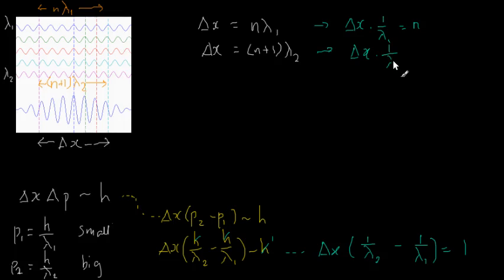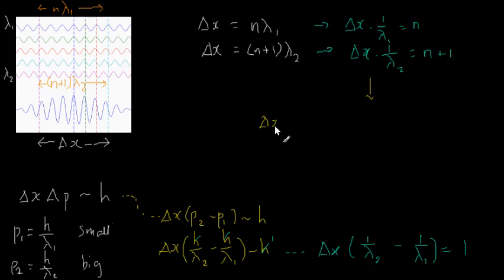Delta x times 1 over lambda 2 is n plus 1. Now I'm going to eliminate the n, so I will subtract that by that. I'm going to take this minus this.